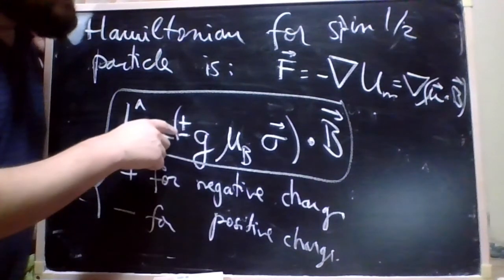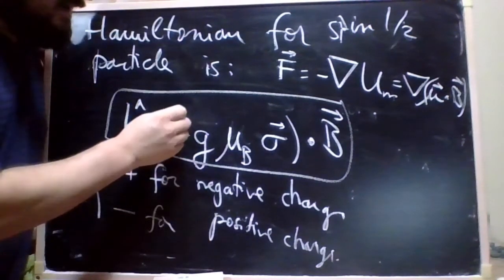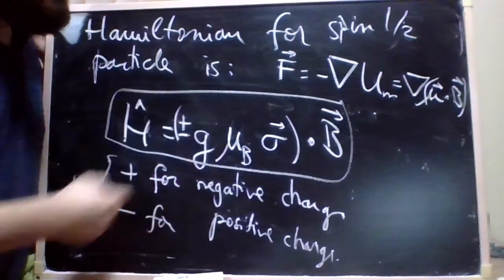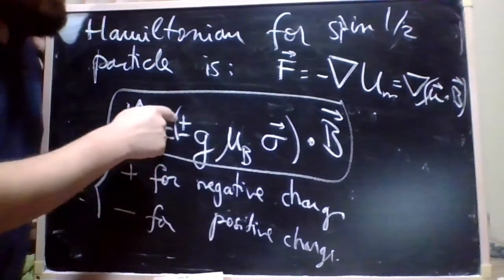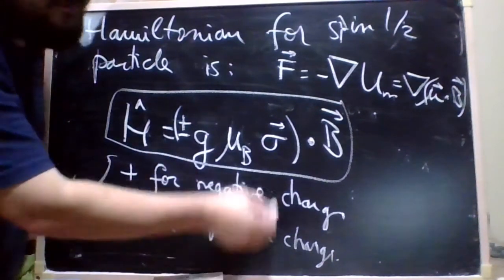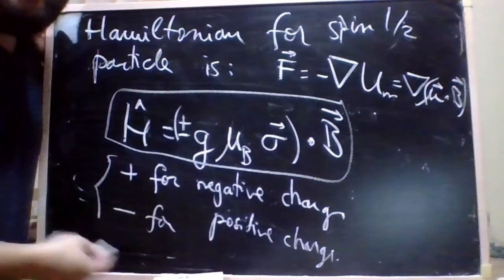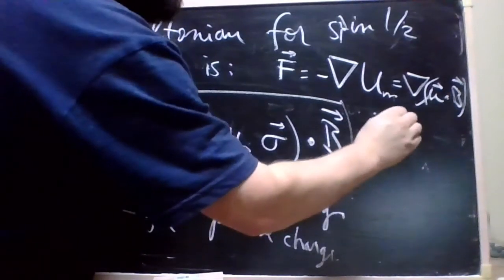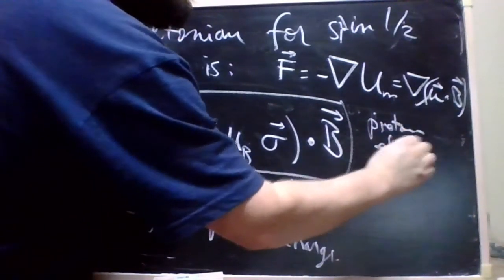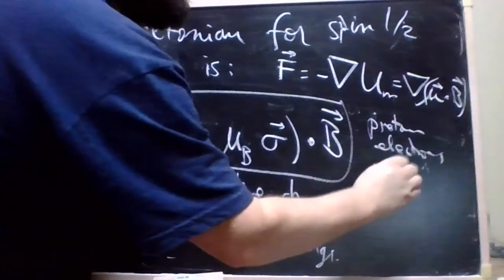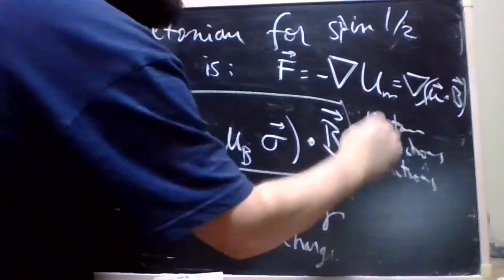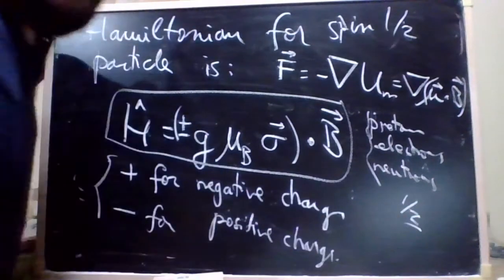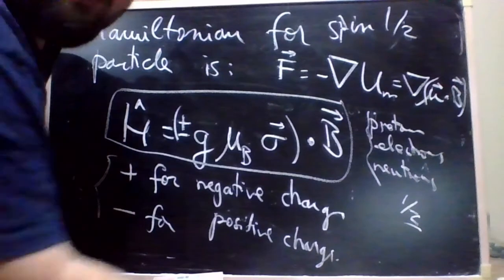I guess you need to plug in a plus sign here because this g is negative, right? And minus minus will get plus. So for neutrons, they don't have charge, but they have this thing here. They are spin half particles. So protons, electrons, and neutrons are all spin half particles, and they have a dipole moment, all right?